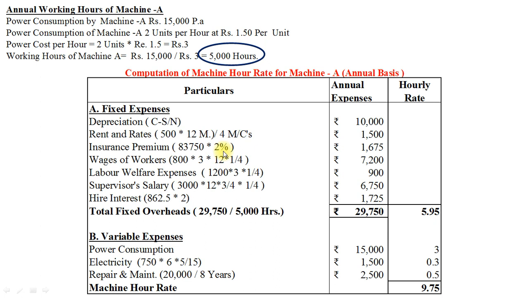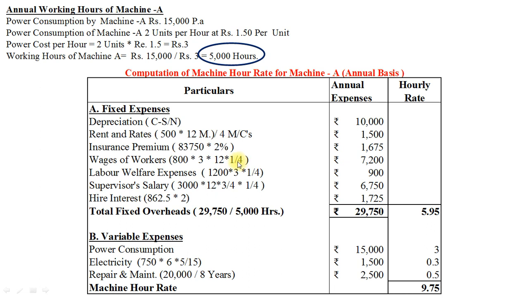So it would be 2% per annum. So insurance premium would be 83,750 multiplied by 2%, which is equal to 1,675. Then wages of workers: 800 per month per worker, multiplied by 3 workers, multiplied by 12 months, divided by 4 machines.